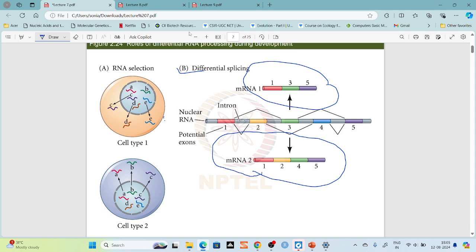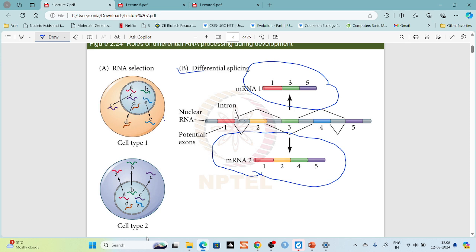How come? In a certain cell type, out of all the RNAs, C, D, and E RNA were taken out to be expressed and translated into proteins, whereas in cell type 2, A, B, and C RNA were taken out to the cytoplasm to be expressed into proteins. So the expression also depends upon the RNA selection.